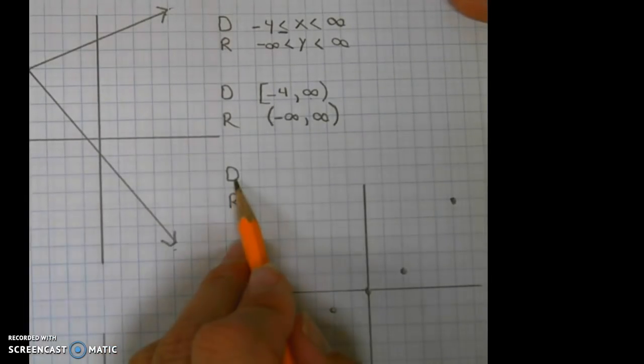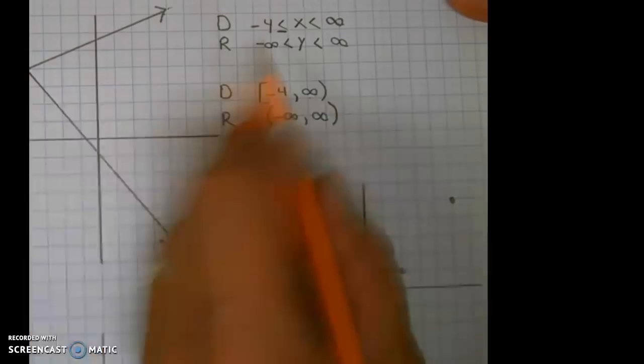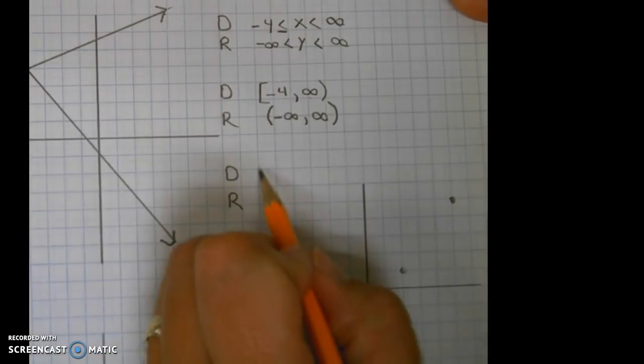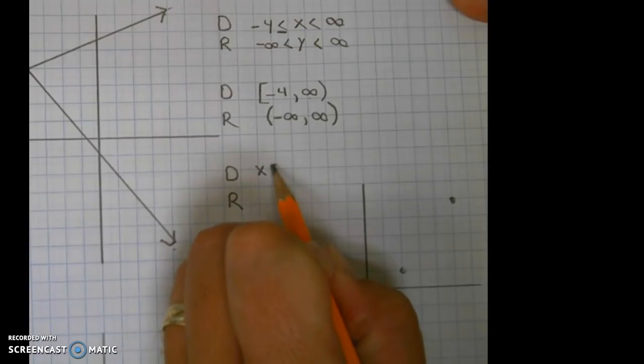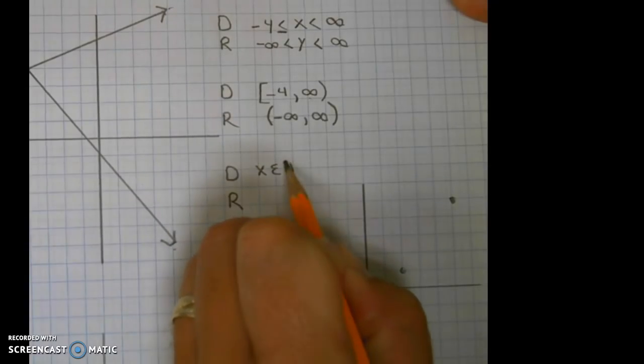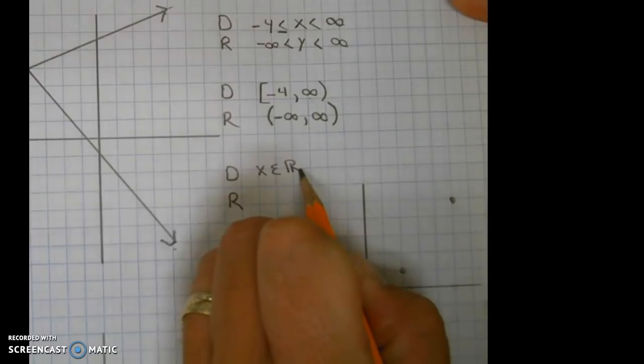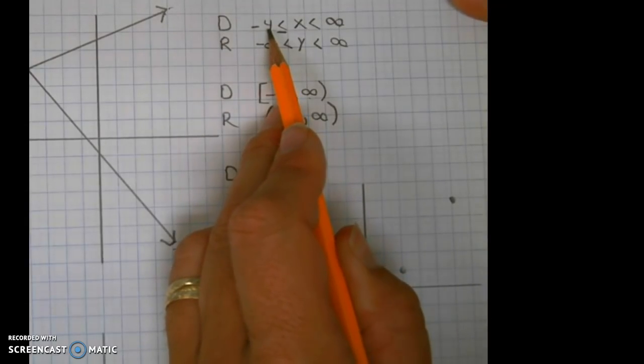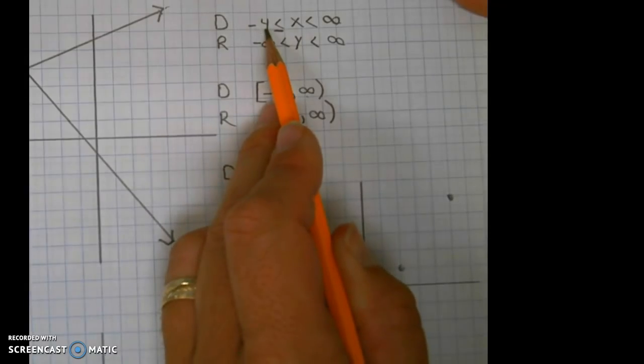And so for set notation, to do the domain, all these values are real numbers. So we are going to use x is an element of all real numbers. But since it does not go to negative infinity, we have to constrain the domain.